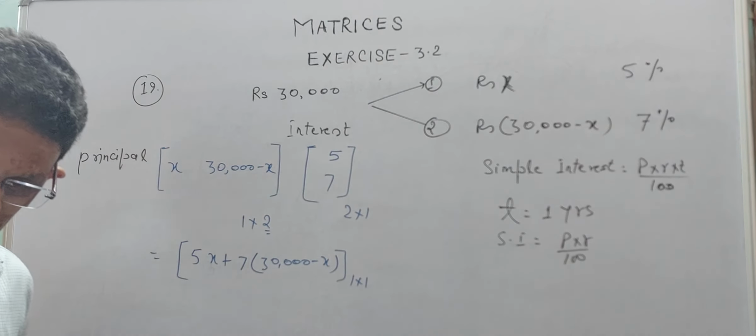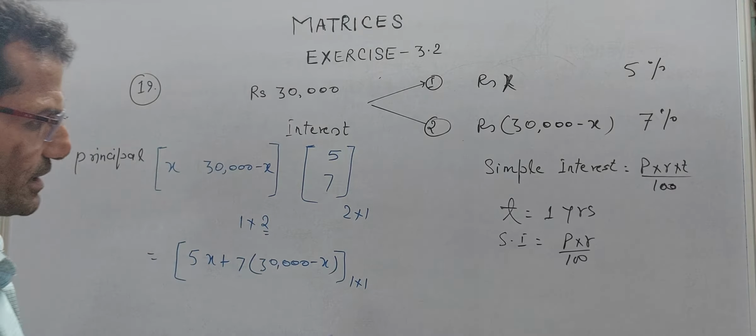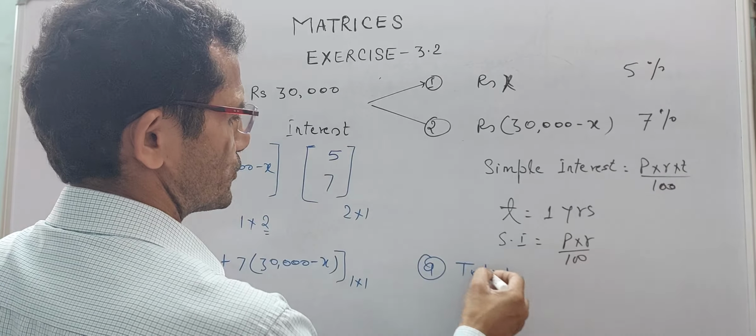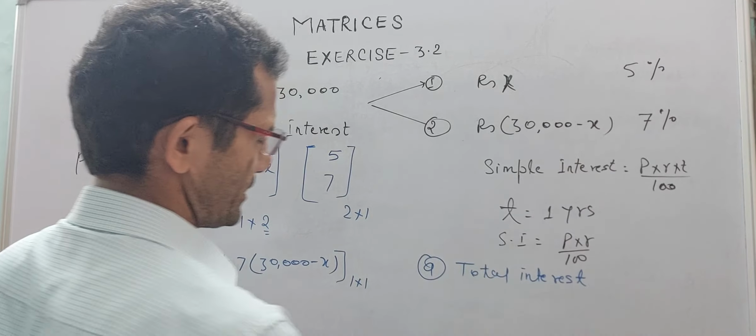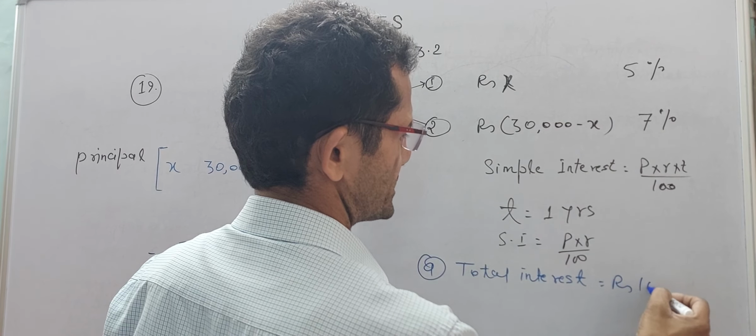So in these questions, if the rate of interest for the year is given, in part A it is given that the total interest at the end of 1 year is rupees 1800. Total interest at the end of the year is rupees 1800.